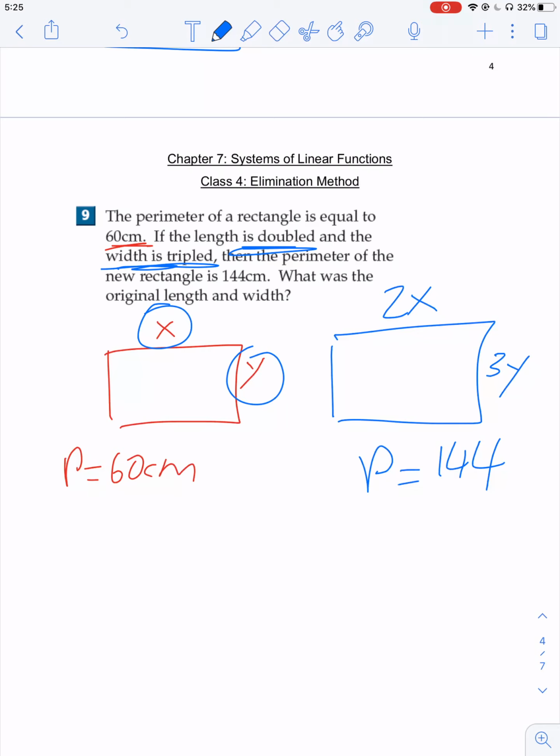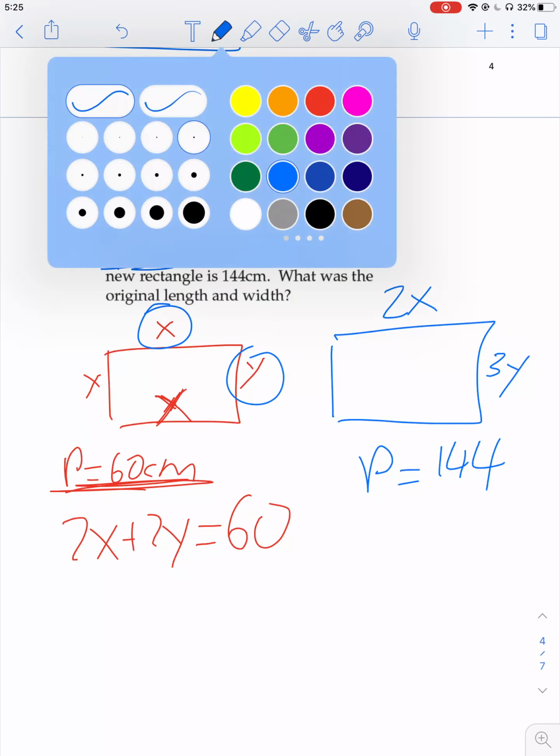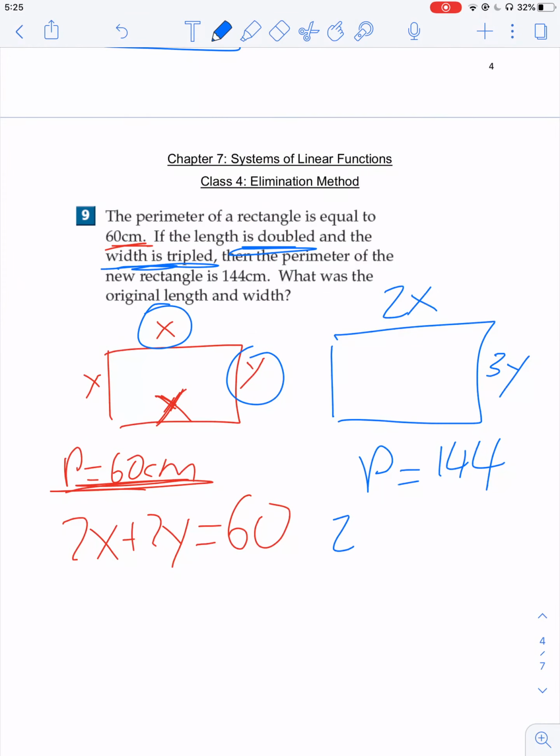How do you find the perimeter of this rectangle? You just have to add all the sides up. So x plus y plus x plus y, you're just going to have 2x plus 2y equals 60 because the perimeter is 60. And the perimeter in the second example, this is also 2x, and this is also 3y.